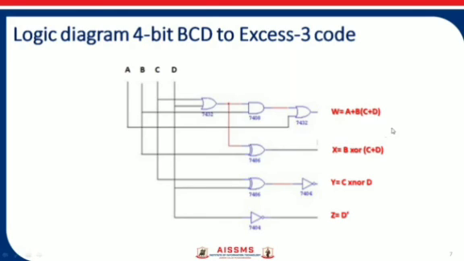For XOR operation 7486 is available, and for XNOR we are going to connect a NOT gate in front of the XOR gate. So according to the expressions which we calculated right now with the help of K-map, this is the logic diagram.